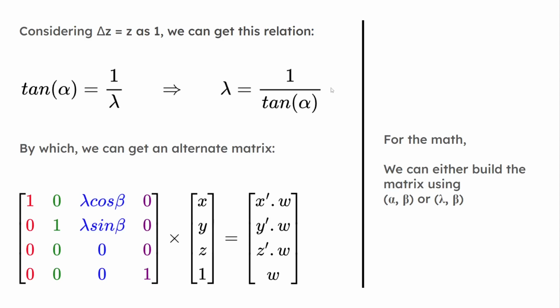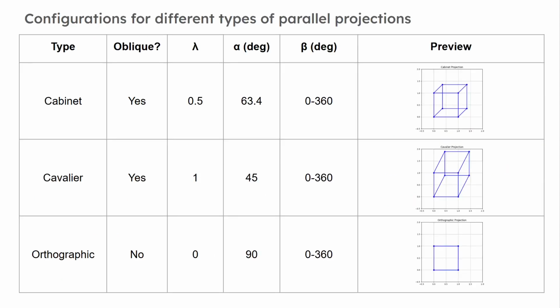To perform the maths, we either need to know the combination of alpha and beta, or the combination of lambda and beta, since we just got to know this conversion formula here. This parameter ultimately controls the direction of projection, or DOP. For different types of oblique parallel projections, there are different combinations of this alpha or lambda value.